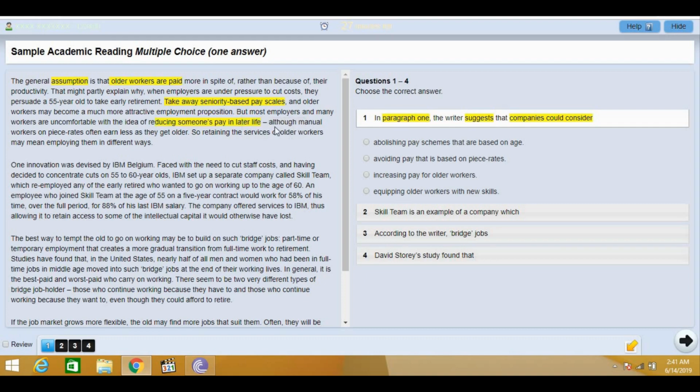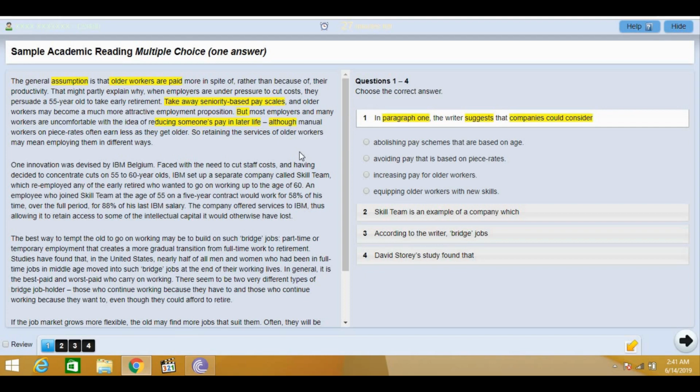And although, words like these are very important in IELTS or any reading, because they guide the reader on where to understand and how to understand.